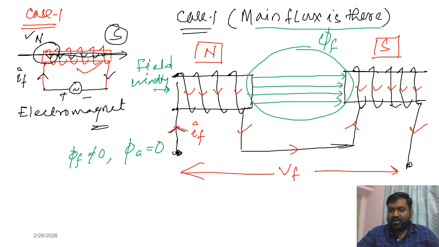This is nothing but your field winding. But you will see that there is no armature, means the armature flux is 0.